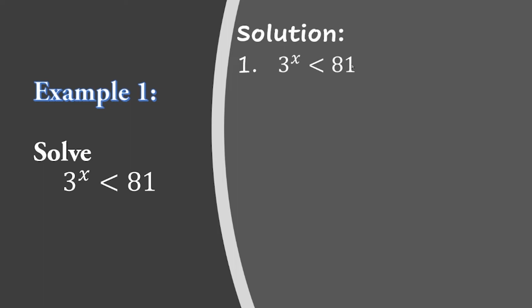This 81 can be written as 3 raised to 4, since 3 times 3 is 9, times 3 is 27, times 3 is 81. So the inequality can be written as 3 raised to x less than 3 raised to 4. This time, they have the same bases.